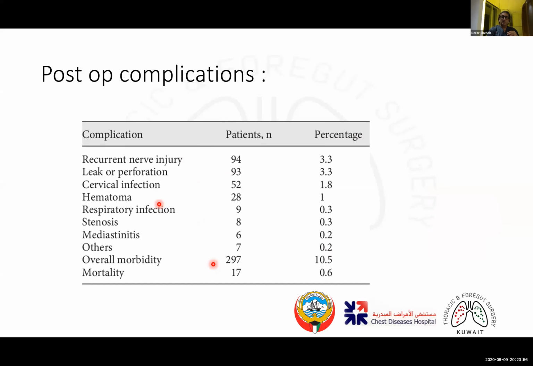Postoperative complication is probably low, but you are always worried about recurrent nerve injury and leak or perforation, but the mortality is very small. Mortality is probably less than 0.5%.